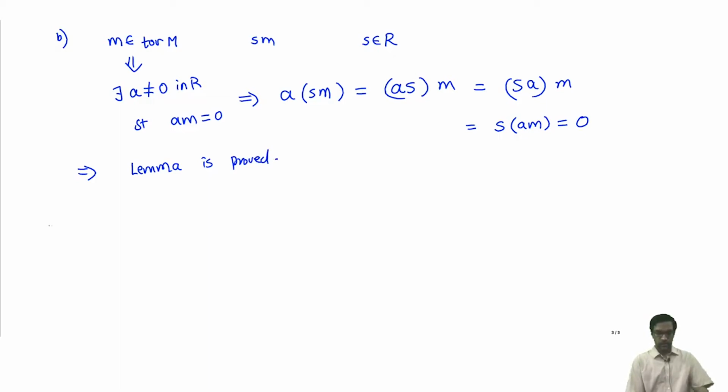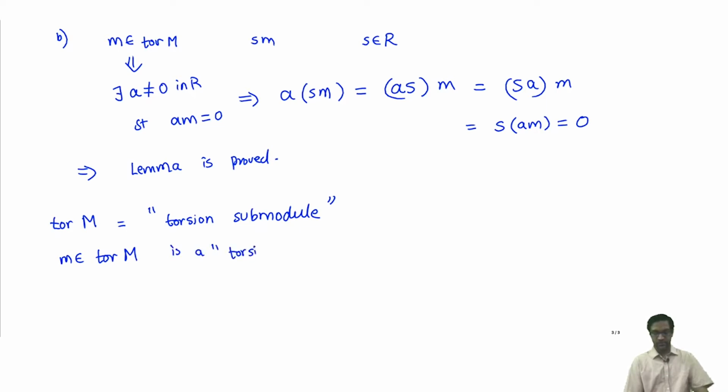Now tor M is usually called the torsion submodule. This is called the torsion submodule of M, and the elements of tor M are usually called torsion elements. So if I have an element m in tor M, it is usually called a torsion element.